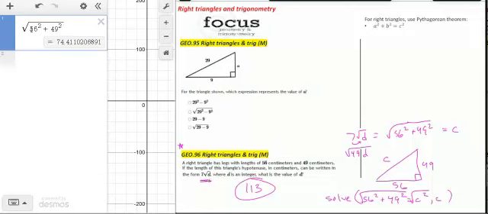So if I take this whole calculation right here, I can take out the 49, and what's left of this is going to be what's inside my radical.